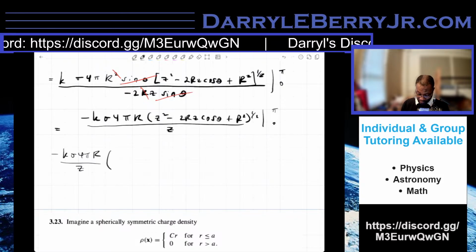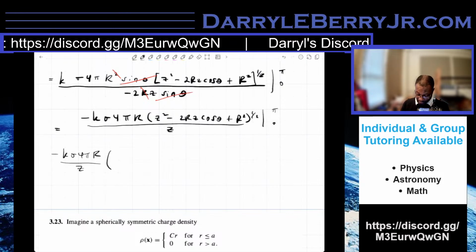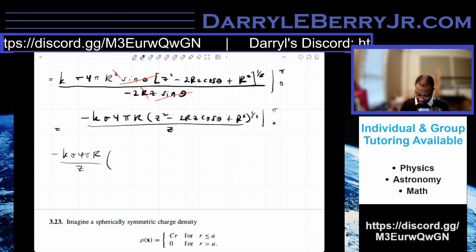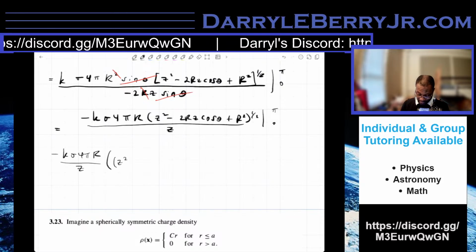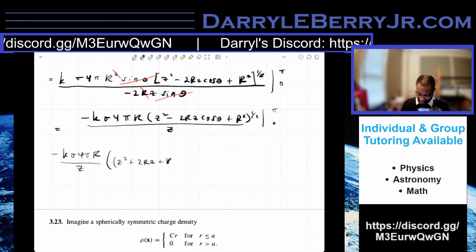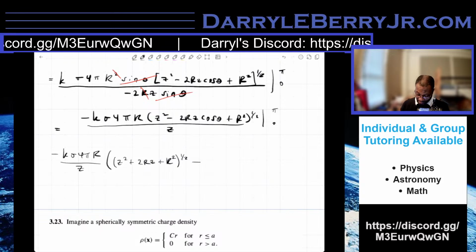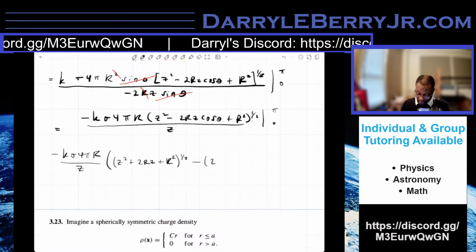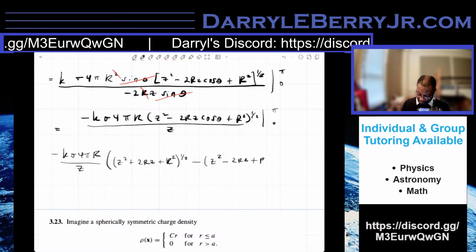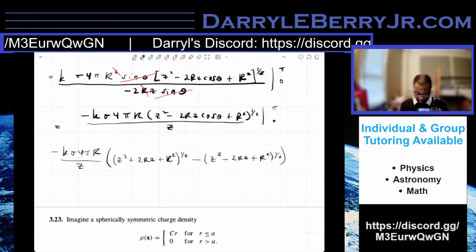And then the first pi will make that negative, so we have z squared plus 2rz plus r squared, square root. And that'll make this one 1, z squared minus 2rz plus r squared to the 1/2.